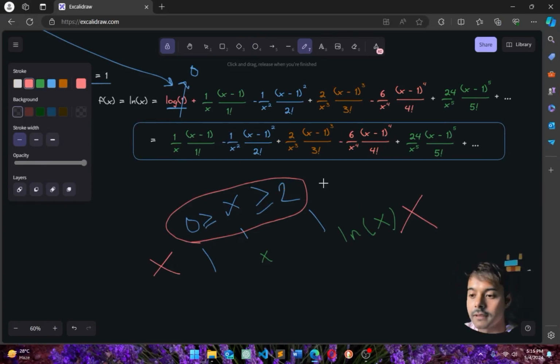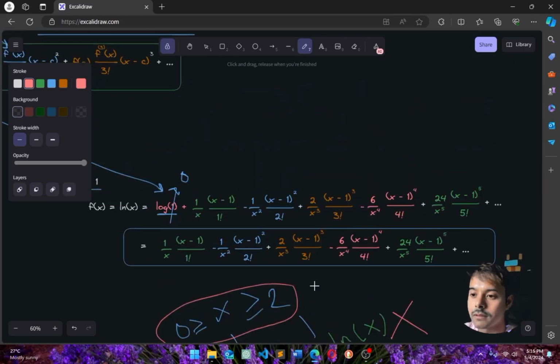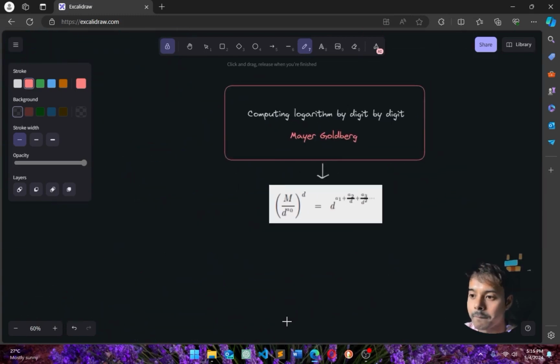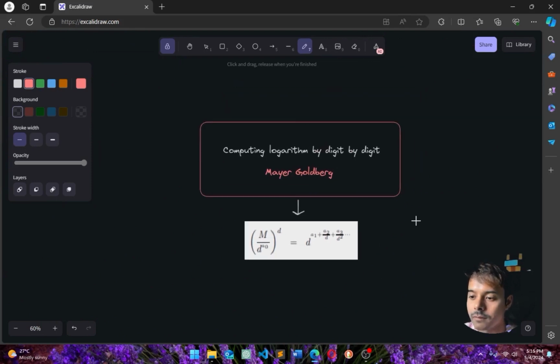As this is a Taylor expansion, there are other, more rational ways. One of them is by Mayer Goldberg. He published this paper, Computing Logarithms by Digit, where he proposed this expression, where d is the base and m is the iterative element.